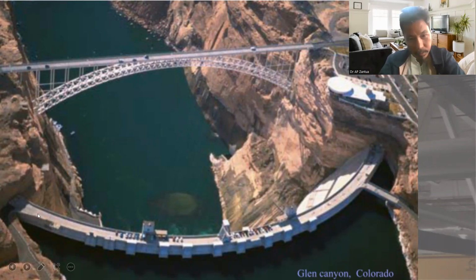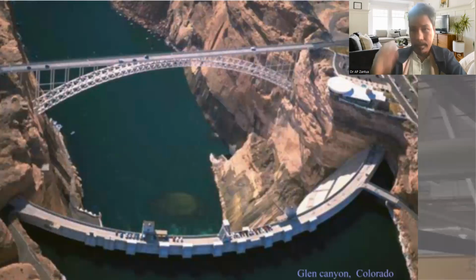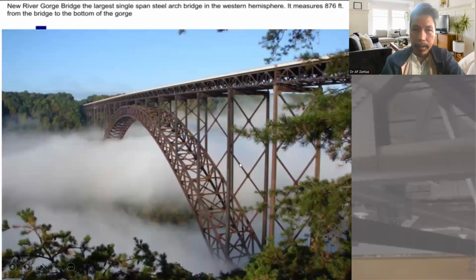Look at the bridge below. Or the fence, or the dam. This is the dam. The dam structure, you can see, is reinforced concrete. Another example of steel structure is the New River Gorge Bridge in the Western Hemisphere.